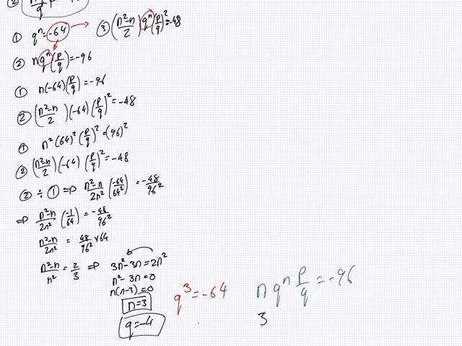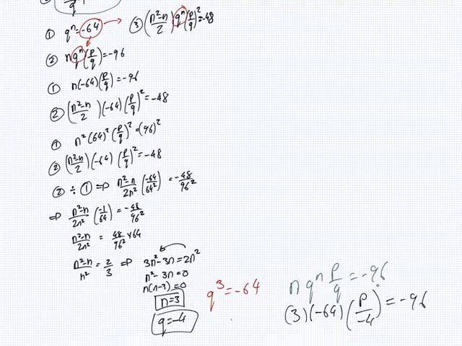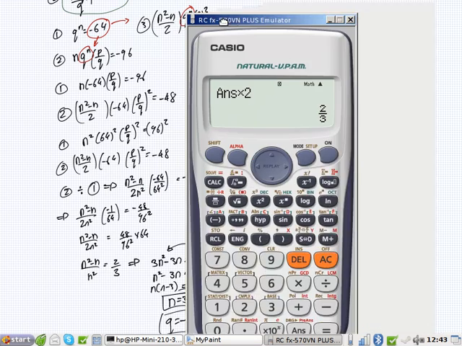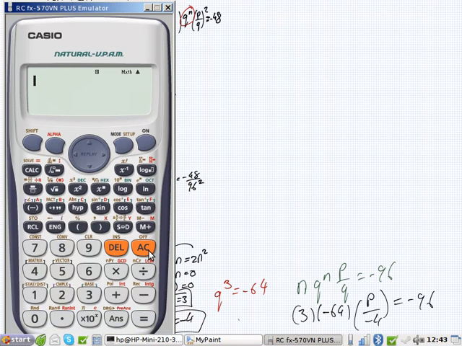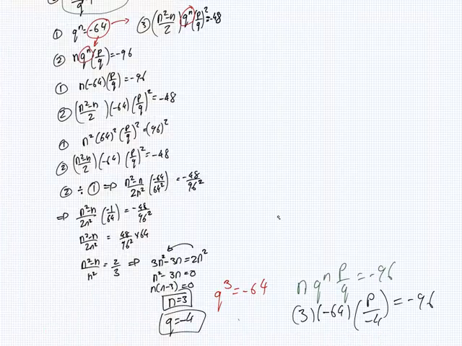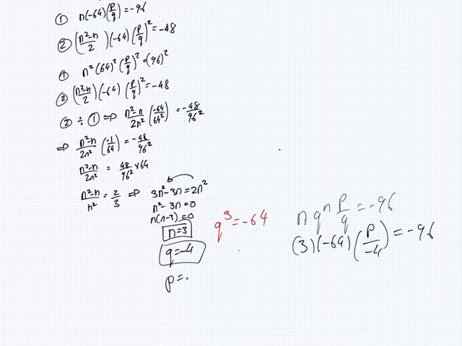N is 3. Q, minus 4 cubed, is minus 64. Q is minus 4 and p is what we want. So if I grab the calculator here, I can get the p. Minus 96 divided by 3 divided by minus 64 times minus 4. Minus 2 for p. P equals minus 2.